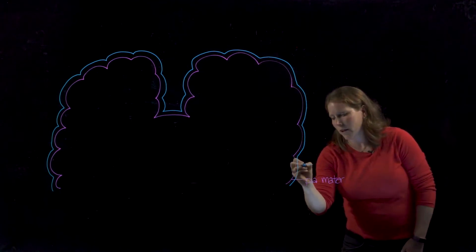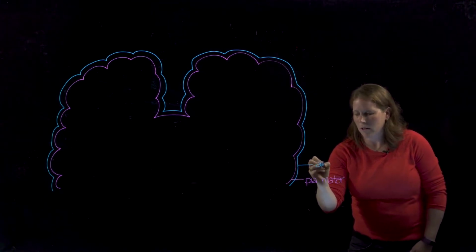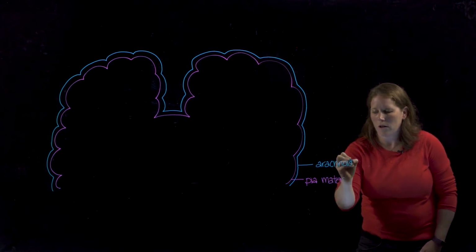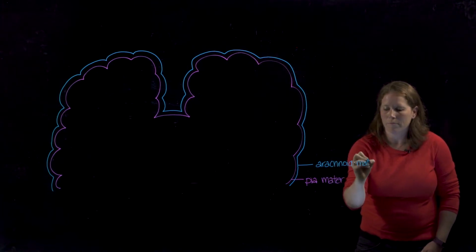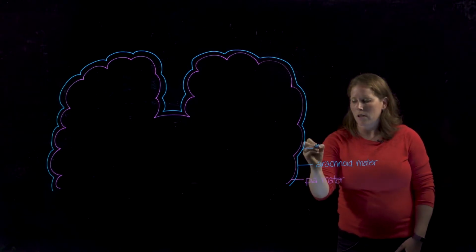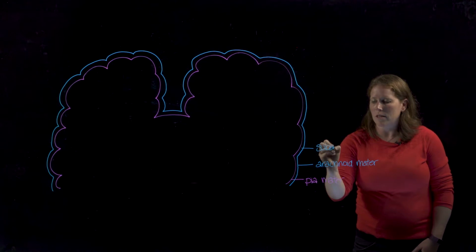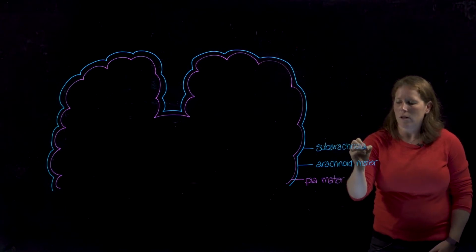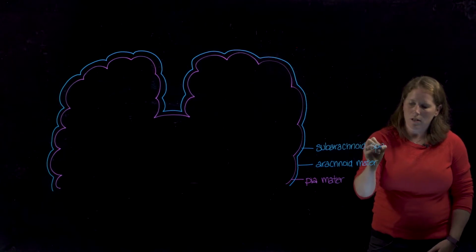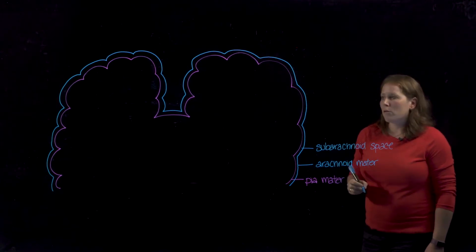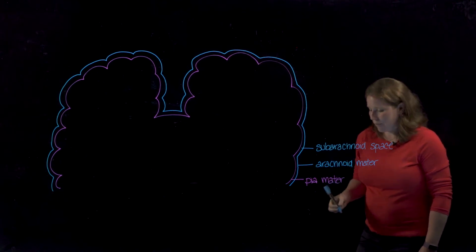And this new layer is arachnoid mater. And the space that we left is referred to as the subarachnoid space. And the subarachnoid space will contain cerebrospinal fluid, or CSF.